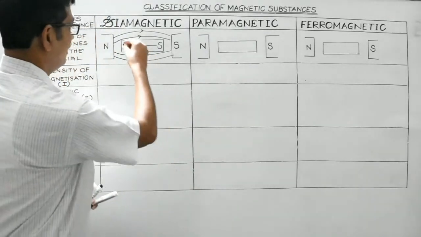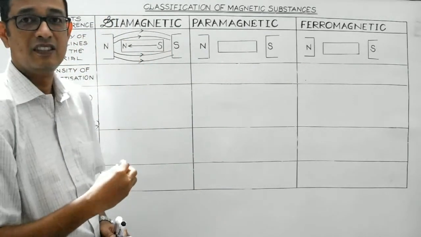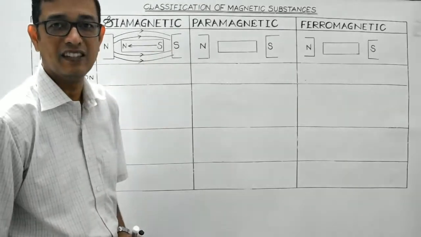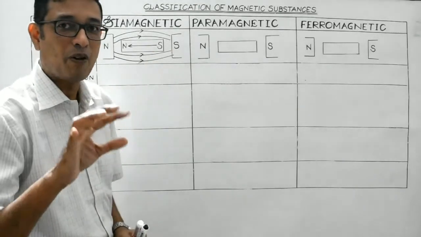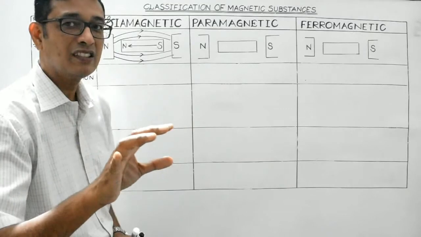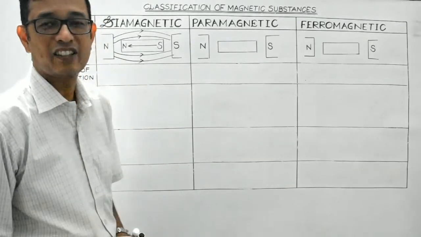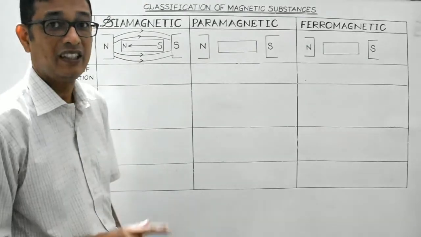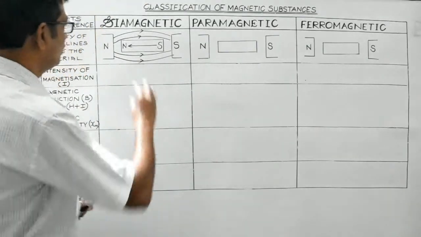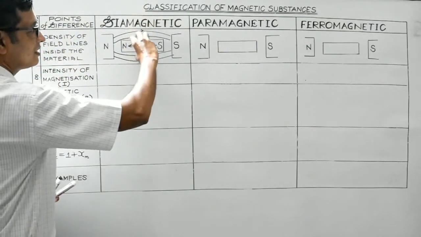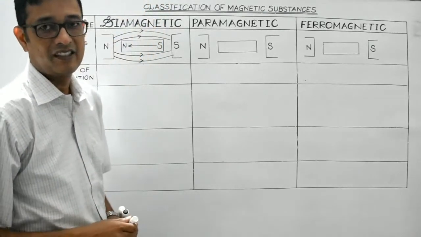So basically, this diamagnetic specimen repels the magnetic field lines. Its conducting power to the passage of magnetic field lines is not so good. It is actually repelling the external field lines from passing through it. It is not allowing it, right?